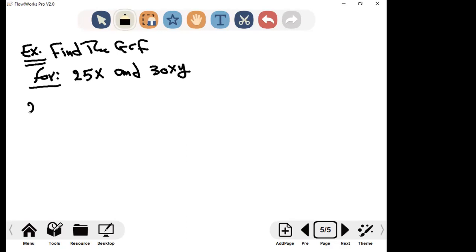We start with 25x and we put equal, 30xy and we put equal.